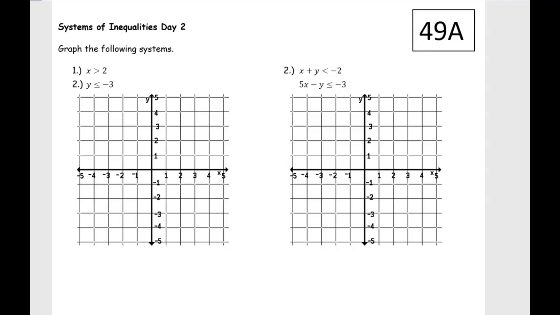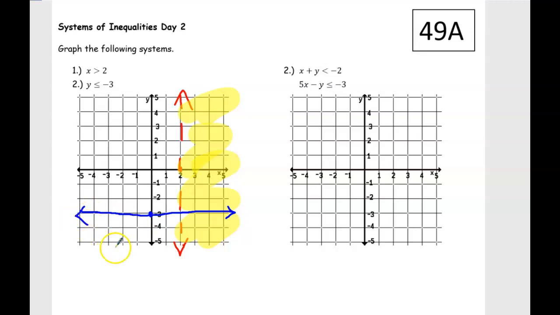The first one is a vertical line, x is greater than 2, so we go to 2. We make a dashed line, and it's greater than, so it's going to be to the right here. The second is a horizontal line. So y is less than or equal to -3. When we make this horizontal line, it's going to be solid.